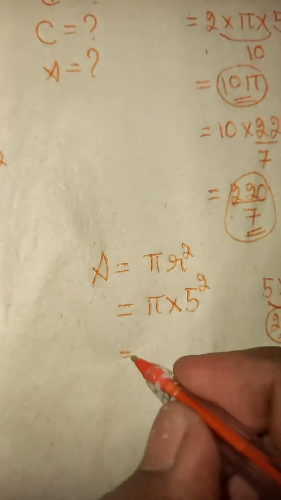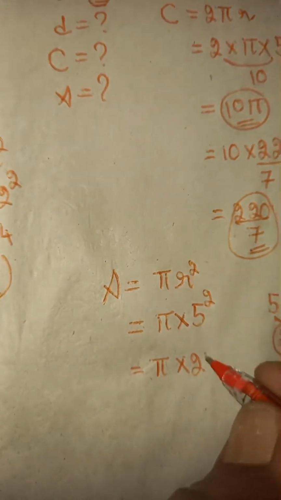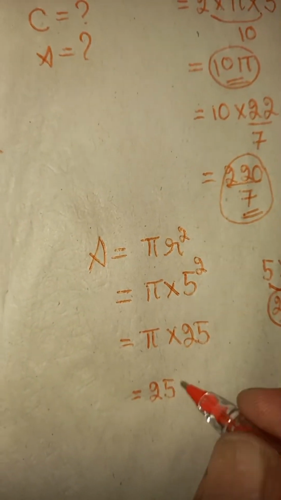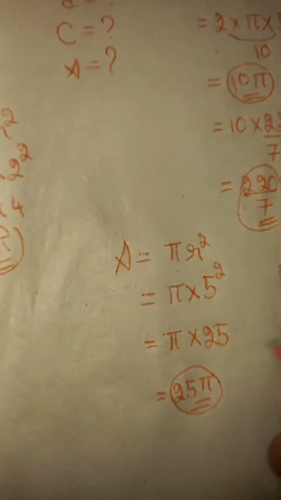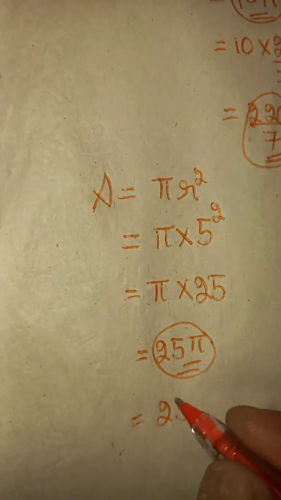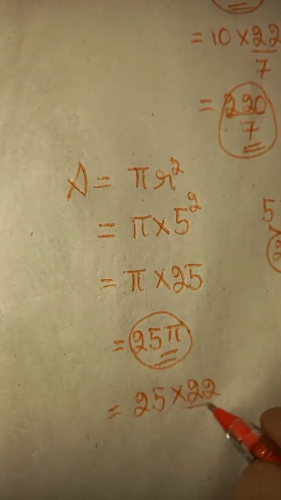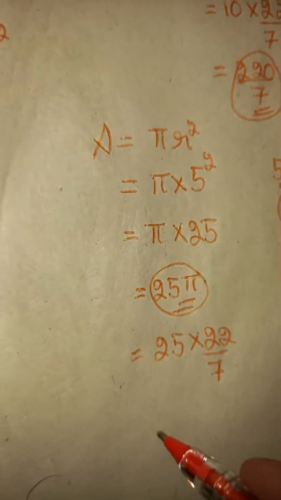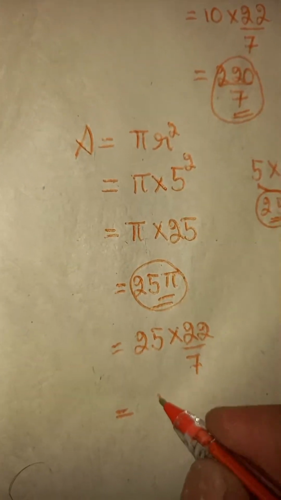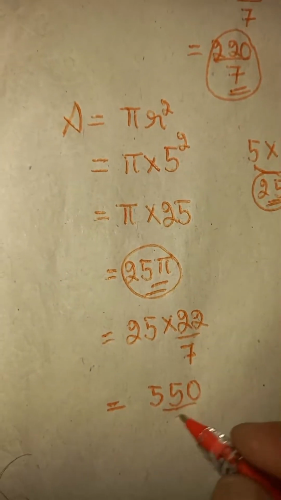So this area is completely pi times of 25. 25 times of pi becomes 25 pi square units. Now you can write this as equal to 25 times of 22 by 7. Now 25 times of 22 is equal to 550. 550 by 7 square units.